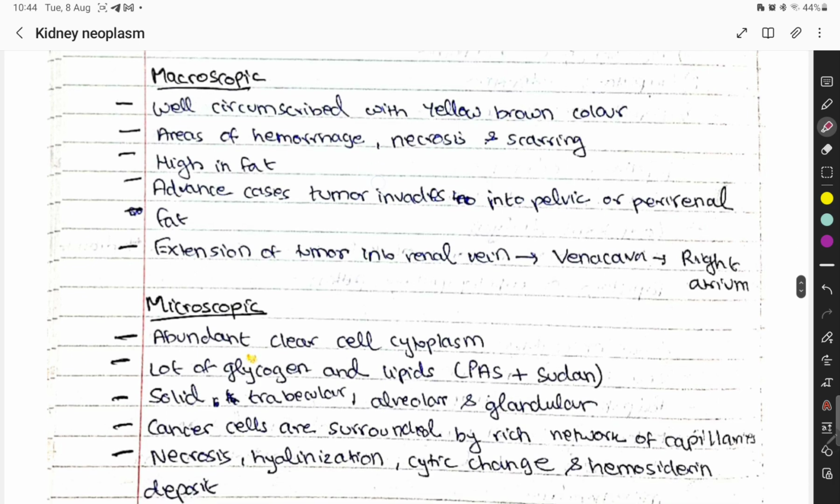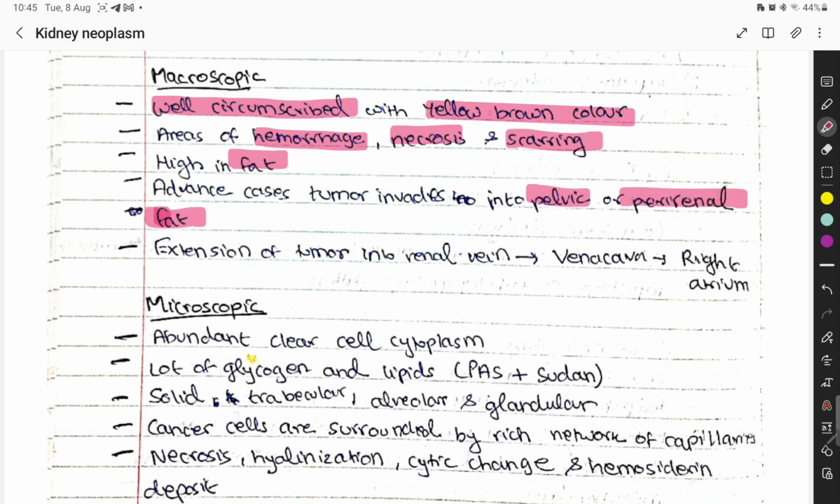Now, macroscopically, it is well circumscribed with yellow-brown color, areas of hemorrhage, necrosis, and scarring. Okay, high in fat. In advanced cases, the tumor invades into pelvic or perirenal fat, with extension into the renal vein, vena cava, and also the right atrium.